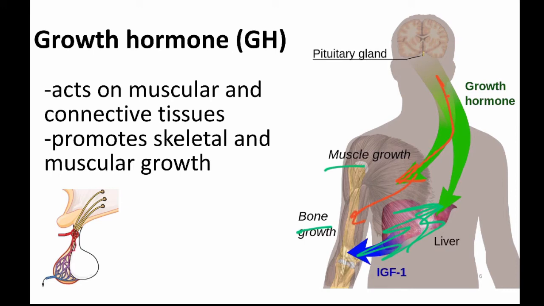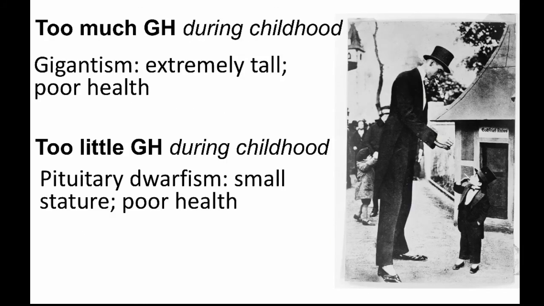If you have super high levels of growth hormone in a developing animal, like a child, you end up with gigantism. If you have much less than normal, you end up with what's referred to as pituitary dwarfism.